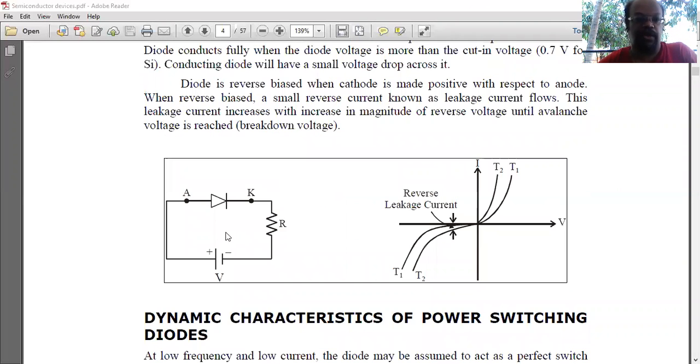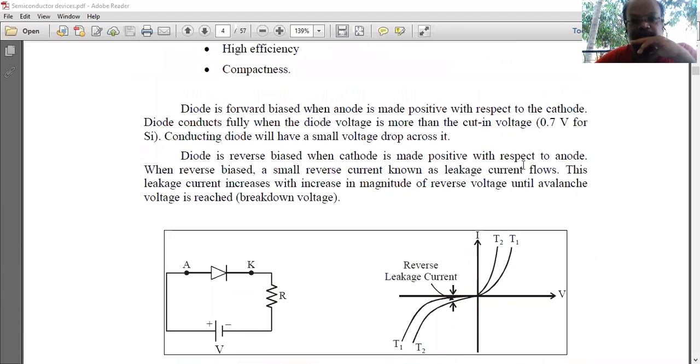After that, we should be able to draw its characteristic. This is the device symbol. We have anode and cathode when it is connected to a supply. When it is connected to a DC supply and a resistive load, when the forward bias is there, it will be conducting. The diode is reverse biased when the cathode is made positive with respect to the anode.